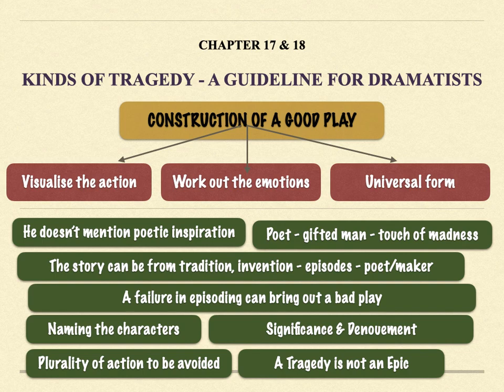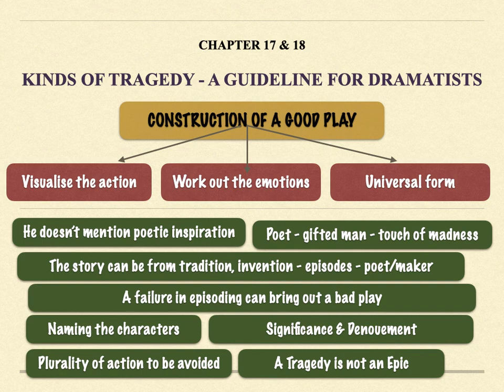So the first one, to visualize the action, means the dramatist should visualize in mind how this will work when the drama is going to be staged. In a way, this will help the dramatist to see the impossible and improbable kinds of actions, so that he can omit those scenes and the play would look more believable for the audience.